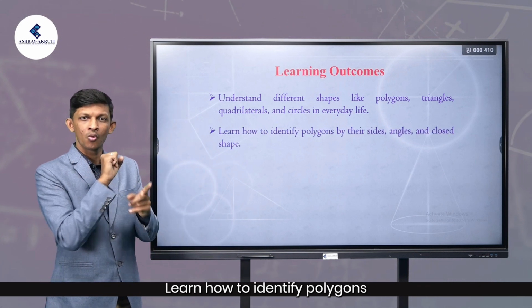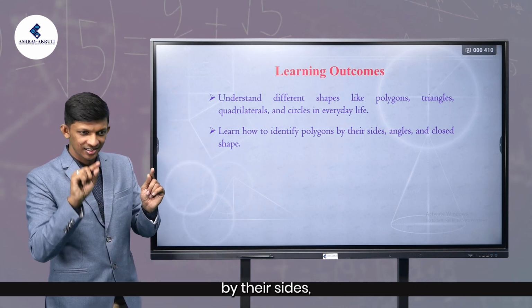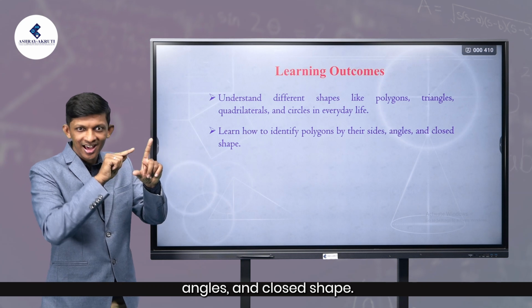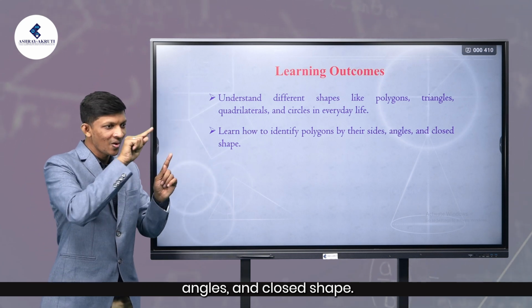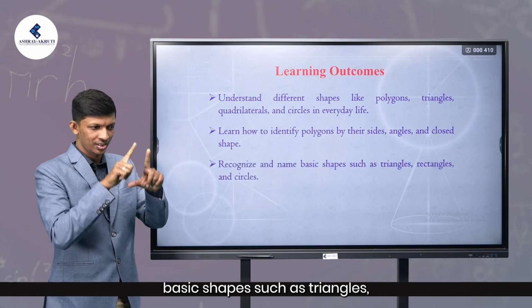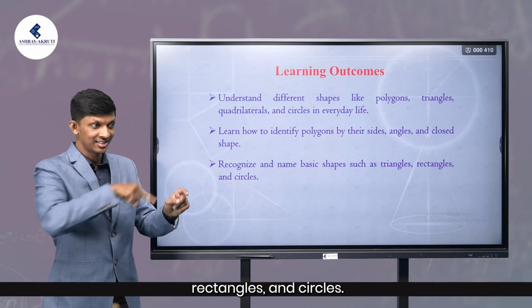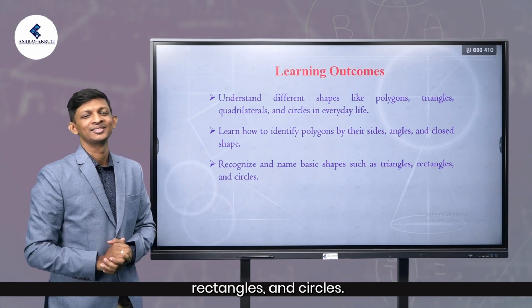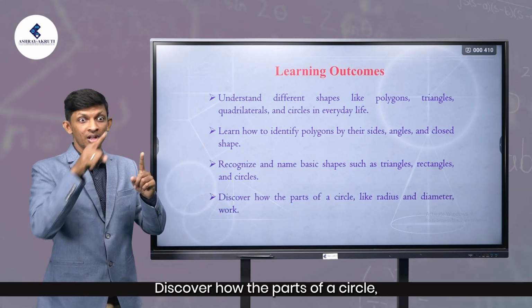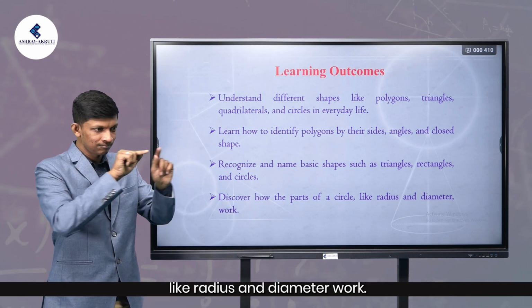Learn how to identify polygons by their sides, angles, and closed shape. Recognize and name basic shapes such as triangles, rectangles, and circles. Discover how the parts of a circle like radius and diameter work.